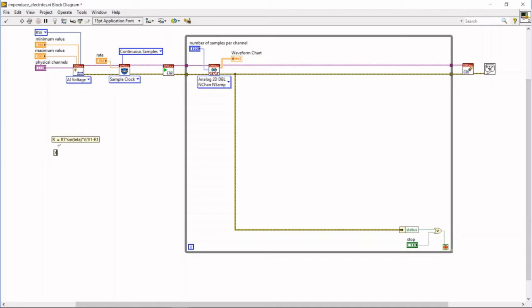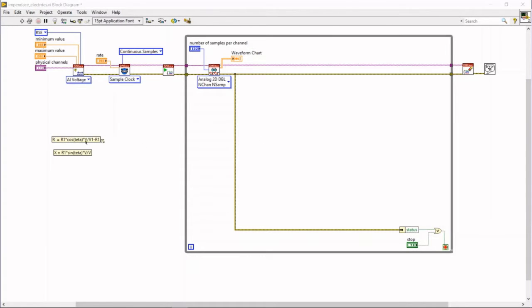And the imaginary part of our unknown impedance is equal to R1 times sine of theta times V0 divided by V1. Okay, this is cosine. I took a wrong function.